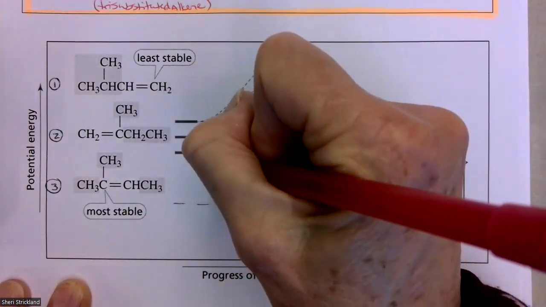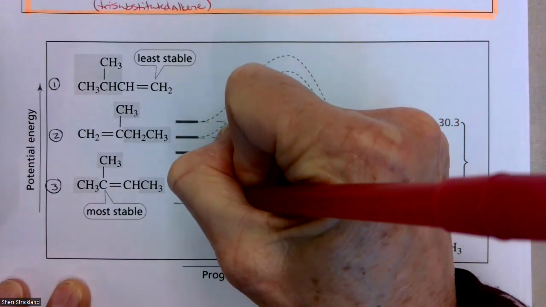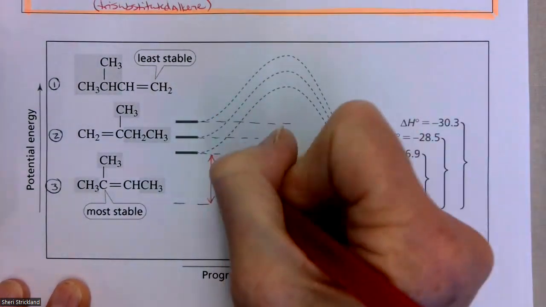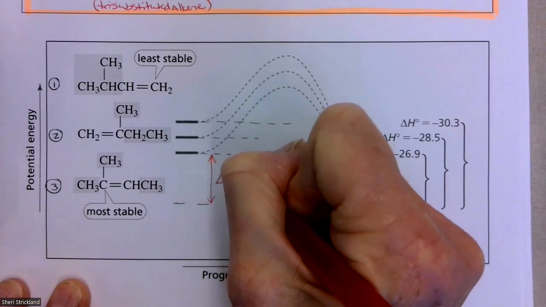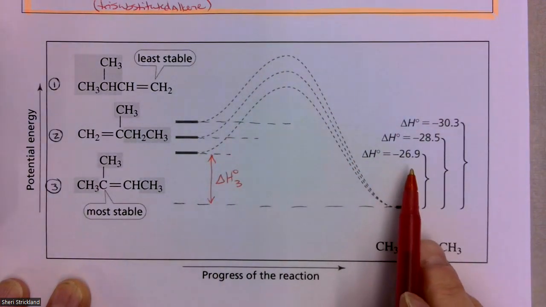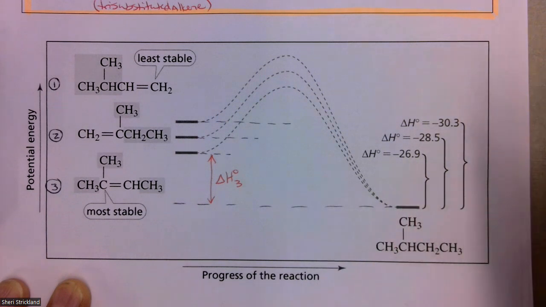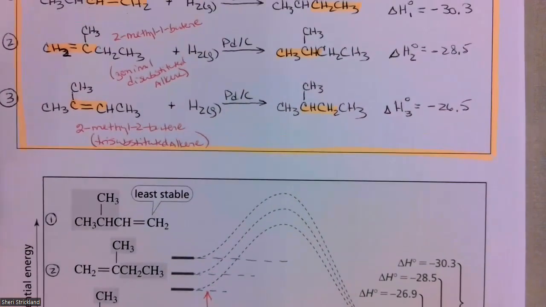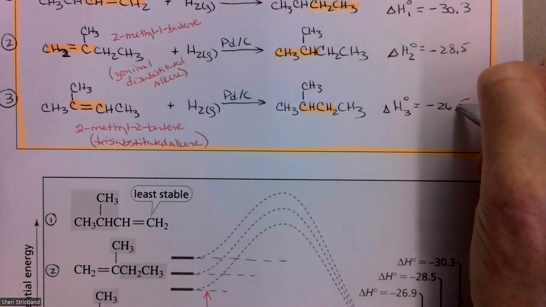So this is the free energy change, delta H3. That's the minus 26.9. Got an error up here. Okay, so fix this. It should be 26.9.